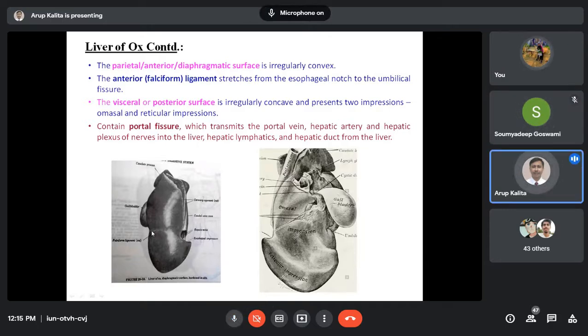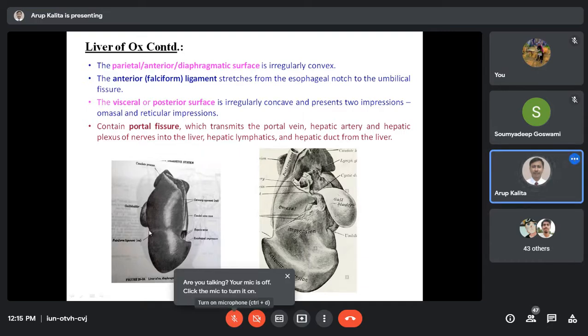This white color line is called the falciform ligament. On the lateral surface of the liver, you will get one ligament, called the falciform ligament. This ligament starts from the esophageal notch, and it goes up to the umbilical fissure.